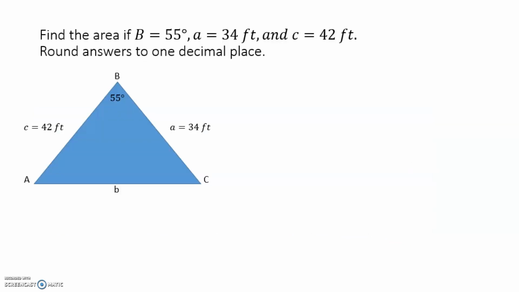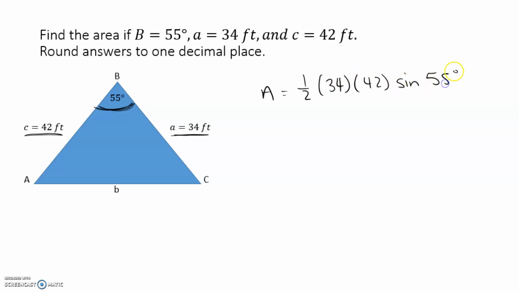Okay, so for this one, they gave me the two sides and they gave me the angle between those two sides. So if I'm trying to find the area of this, all I have to do is 1/2 times both of those sides, and then times the sine of the angle that was included between them.